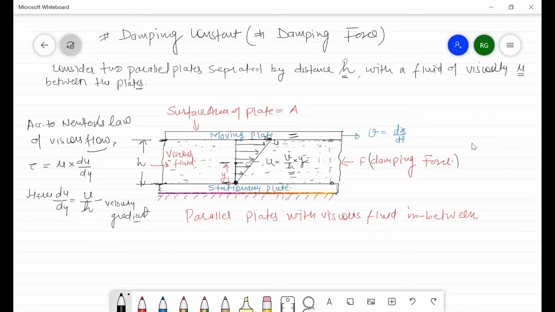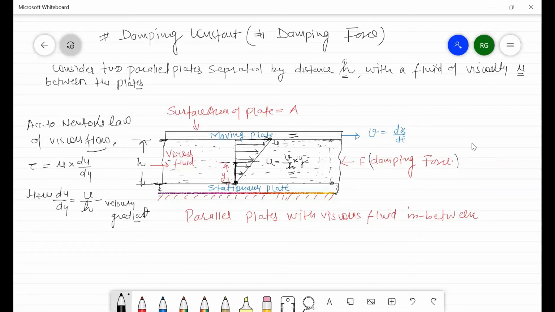So the velocity of the layers which is at distance y from the stationary plate is given by u is equal to v by h, the velocity gradient, multiplied by y. So this is the velocity of the layers which is at y distance from the stationary plate.